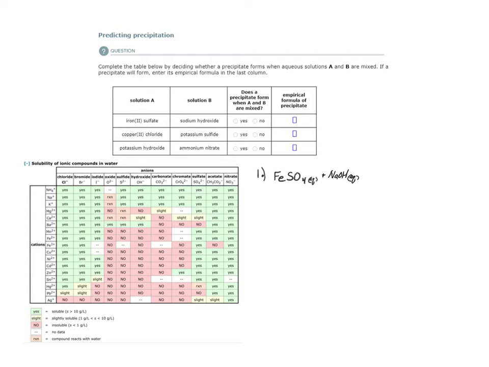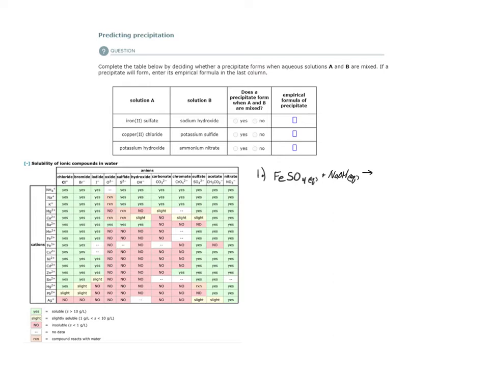Now, what we have to do to answer this question is predict our products. So how do I predict the products that I get when I mix these two solutions? Well, this is a double displacement reaction. It has various names: exchange reaction, double displacement.